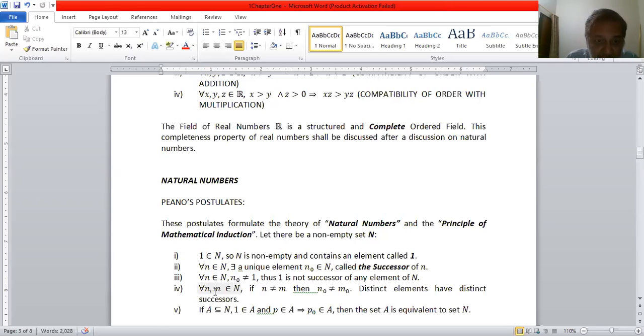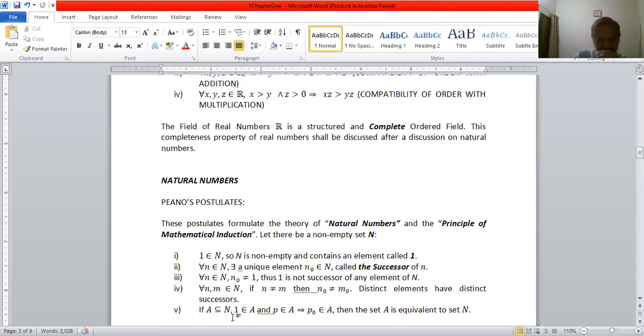And if you have two different natural numbers, then their successors should also be different. Distinct elements have distinct successors. 11 and 27 are different numbers, हाँ. तो 11 और 27 का सक्सेसर सेम नहीं हो सकता. 11 का 12, 27 का 28. So distinct natural numbers have distinct successors.